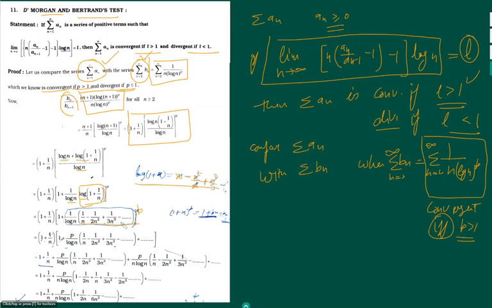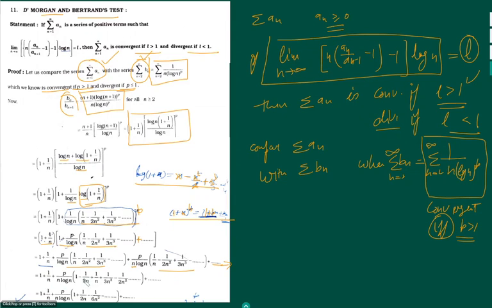All right, and then using the binomial expansion, 1 plus x raised to the power p is equal to 1 plus px. Using that formula, you can write it as 1 plus p over log n into this plus other terms, and square terms, etc. So if you multiply this bracket with this, you get 1 plus 1 over n and p over log n into this, plus p over log n into 1 over n into this, plus other terms.